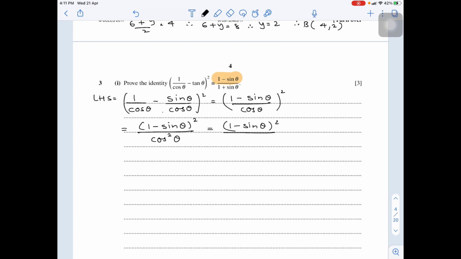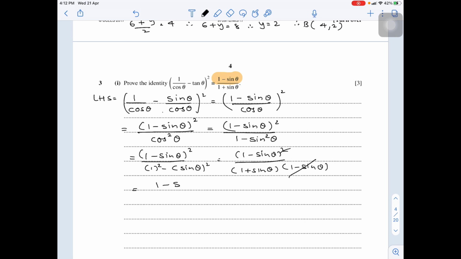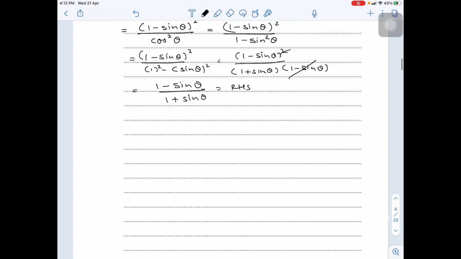But I don't want anything with cos theta in the denominator. What I need is 1 plus sin theta. So I'm changing cos squared into sin squared, which is 1 minus sin squared theta. So 1 minus sin theta squared over 1 squared minus sin theta squared. 1 minus sin theta squared over 1 plus sin theta and 1 minus sin theta. Got rid of that. So I got 1 minus sin theta over 1 plus sin theta.